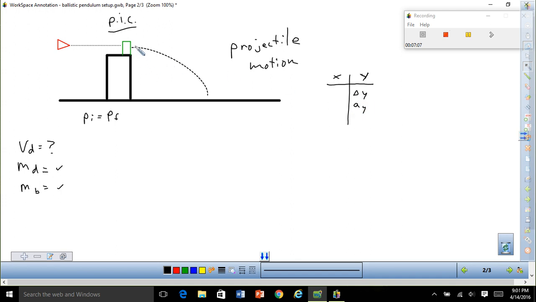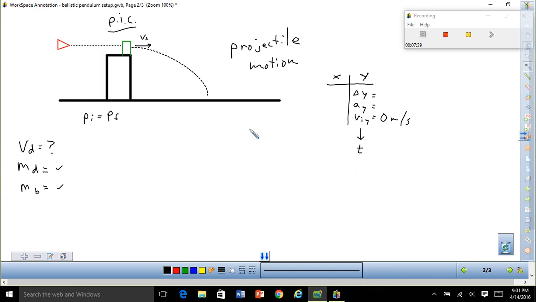And remember that as they depart straight off the post, that will be an initial velocity in the x dimension, which we don't initially know, but we do know that the initial velocity in the y dimension is 0 meters per second. And so we have delta y from the height of the post, we have the acceleration due to gravity, and we know that the initial velocity in the y dimension is 0. And using those three things, we can find time.